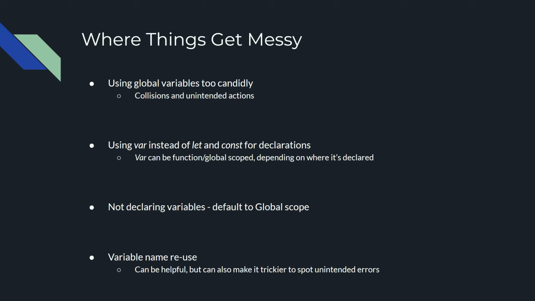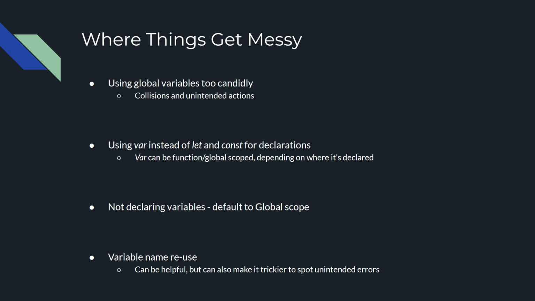Another thing to keep in mind is that when you don't declare variables, that automatically defaults them to global scope. So if you have a variable that you need to use, declare it using let or const. Always keep that in mind. And variable name reuse can be helpful, but it can also make it trickier to spot unintended errors. If you have a variable inside of a function, for example, you can name it x, and you can have another variable outside of that function also called x, say on the global scope.